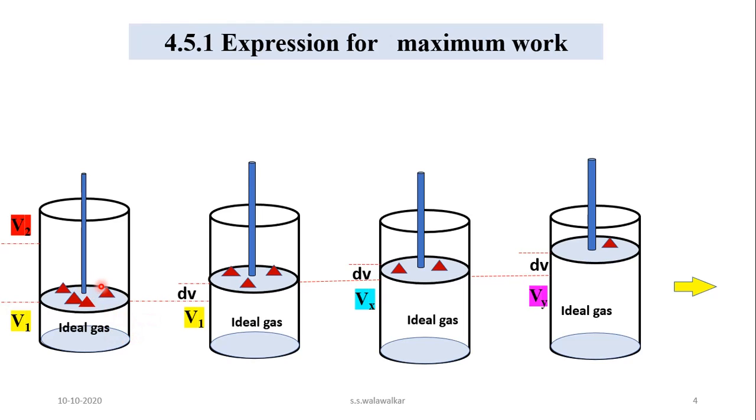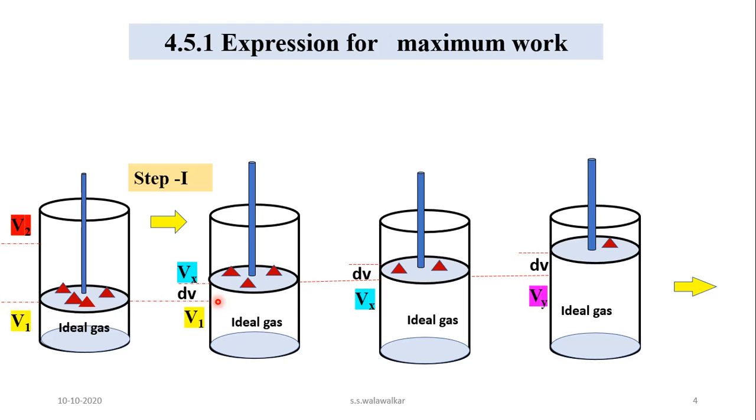Suppose you put 4 grams of mass on this piston, and you remove 1 gram from it. Then a small decrease in the external pressure takes place, and therefore a small increase in volume also takes place, by dV.